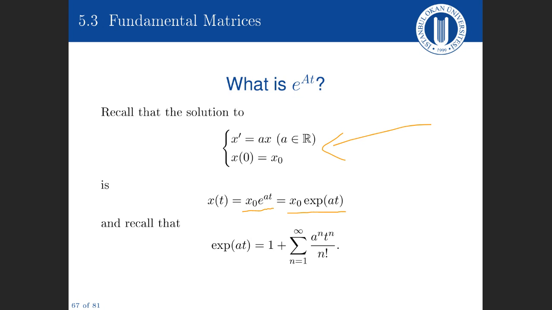And from first year calculus, we know that the Taylor series for the exponential function is 1 plus the infinite series from 1 to infinity, a to the power n, t to the power n over n factorial. We can use the same idea to define e to the power At.